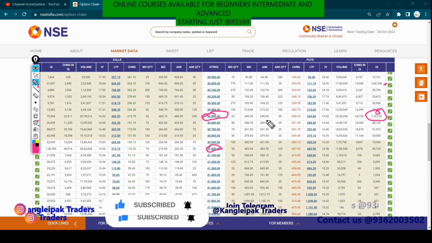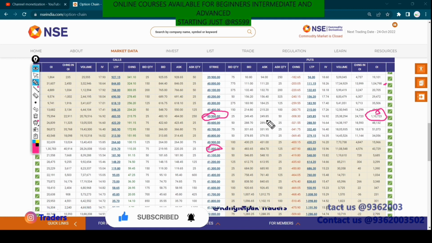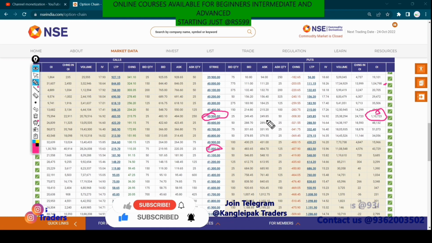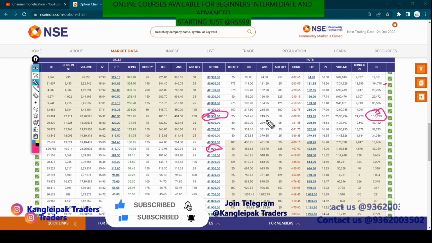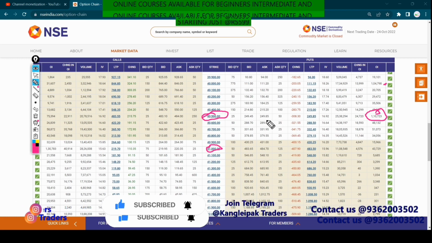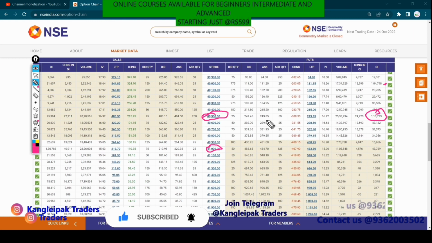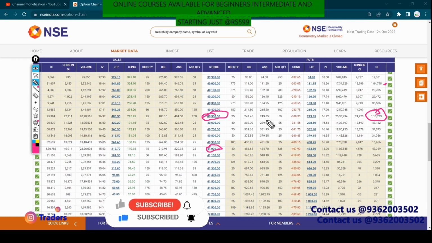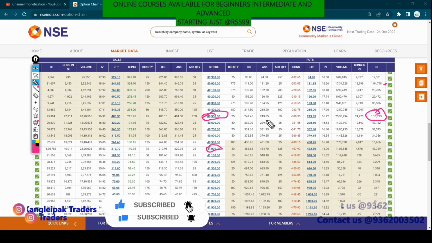So what does this OI chart mean? It shows that the majority of people are betting on the 41,000 call and the majority of people are betting on the 40,500 put. What does this mean? At 40,500, people are expecting the market not to go below this.